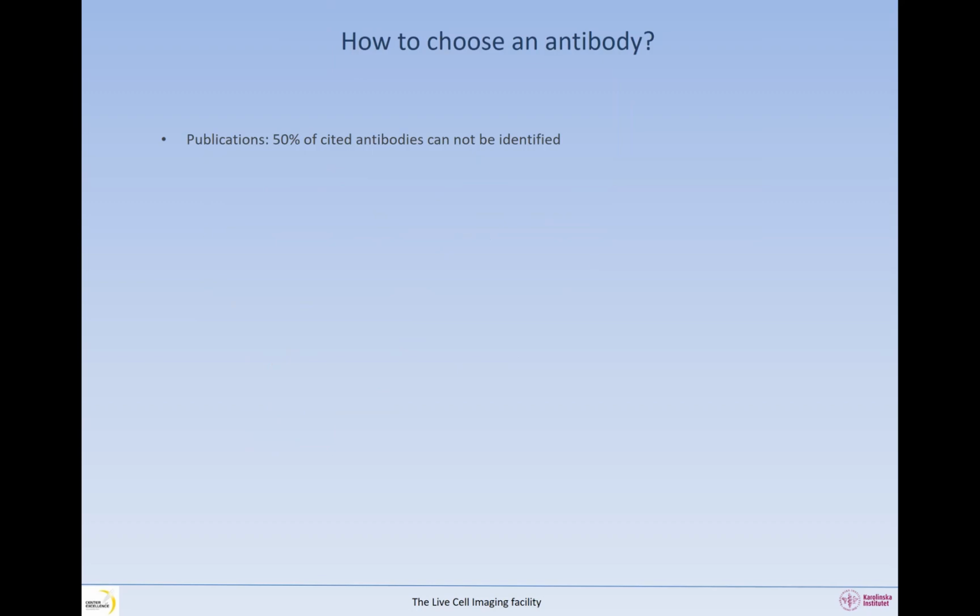Basically, the most common way to get hold of your antibodies is to search the literature, but unfortunately, you might not be able to use the antibody mentioned in an article, or you might not obtain the same results using it.